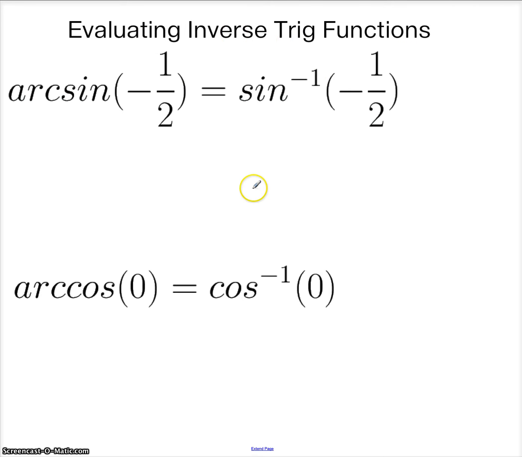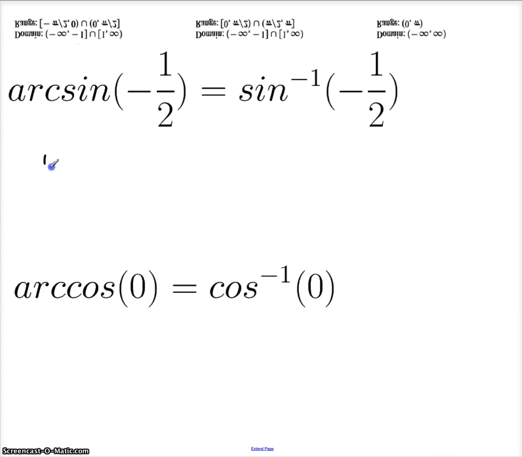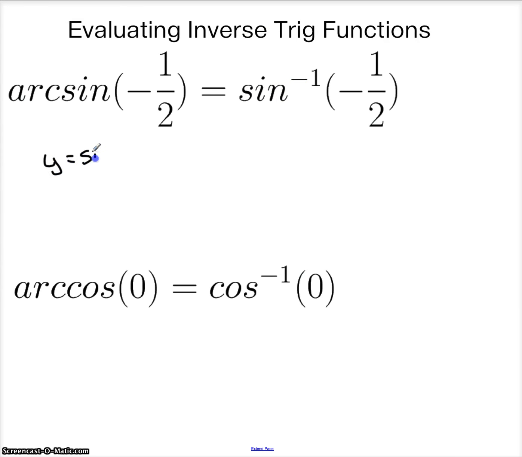Now, let's evaluate these inverse trig functions. Suppose I have y equals the inverse sine of -1/2. By definition, y equals the inverse sine of -1/2 when the sine of y is -1/2. Now the trick with these is you have to know your range, where it's defined.